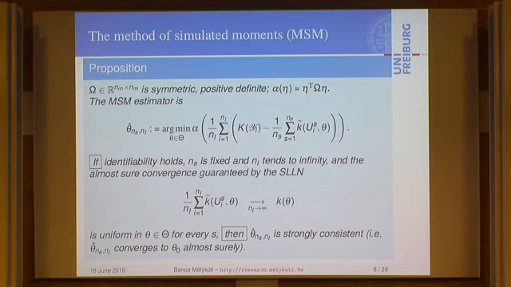And then the statement is that if something holds, then this will be a strongly consistent estimator, which means that your estimator converges to the true parameter value almost surely, so with probability 1. The conditions are that it has to be identifiable, so there is only one parameter value; the mapping from moments to parameter values is unique.